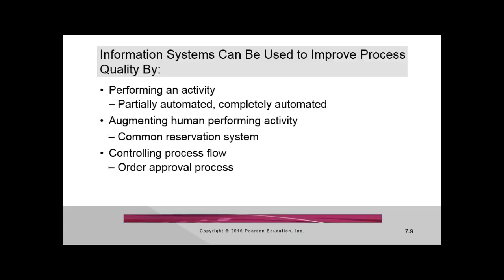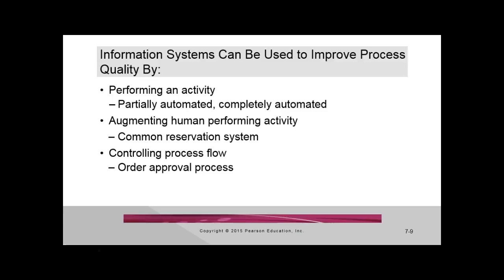For example, maybe I call and I want to reserve a room, or maybe I want to make a dental appointment. Well, that person probably has an information system. When I'm talking to that appointment secretary, he or she has a system that says, here are the available dates, right? They have an information system to make them better.